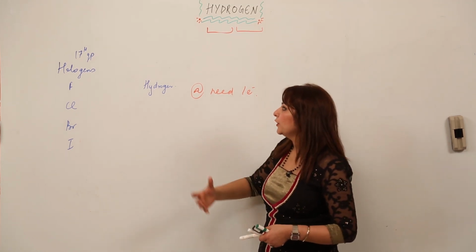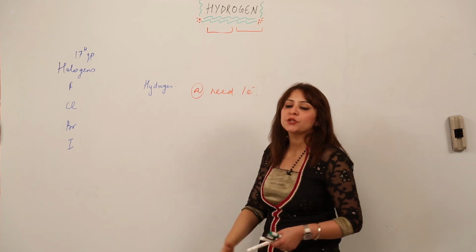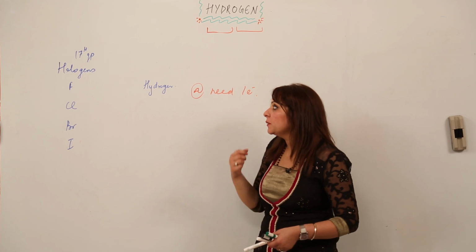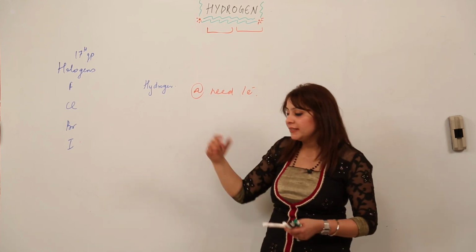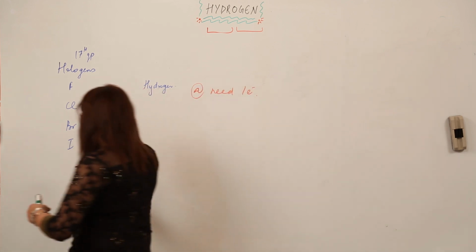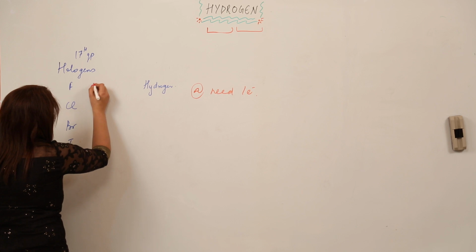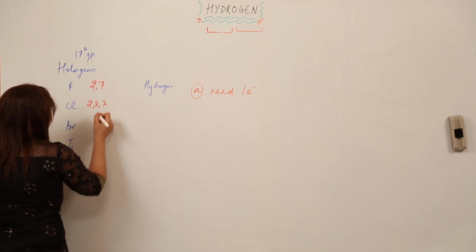So as I told you, the first similarity is that the halogens also need one electron to complete their octet, or you can say to attain stability. Similarly, hydrogen also needs an electron to complete its duplet, right? As an example, we have fluorine. First I am writing the configuration for it, that is 2, 7.